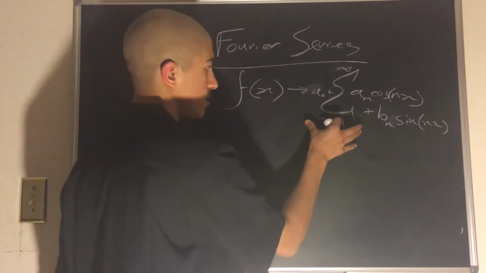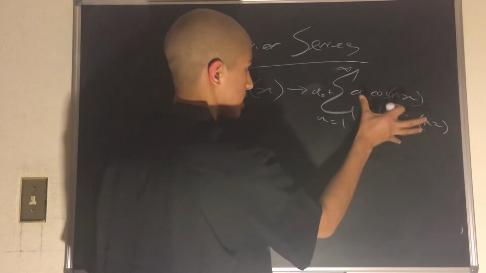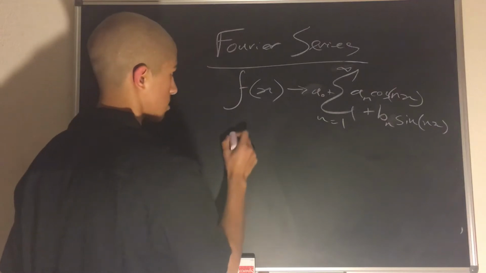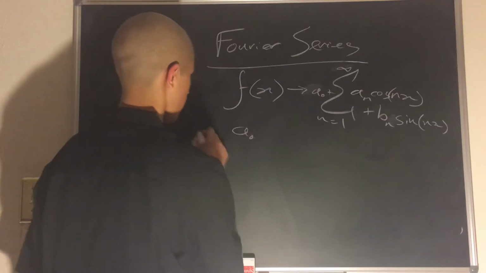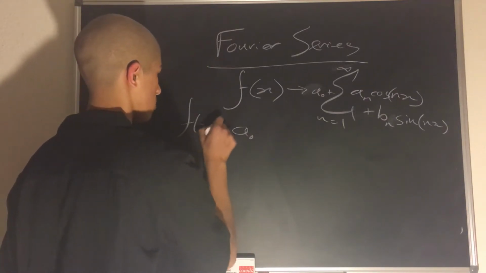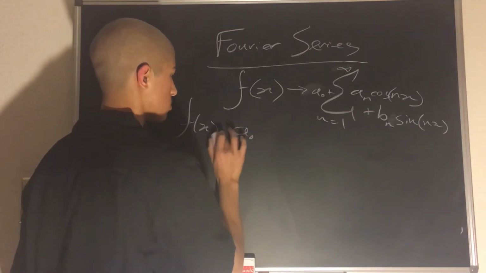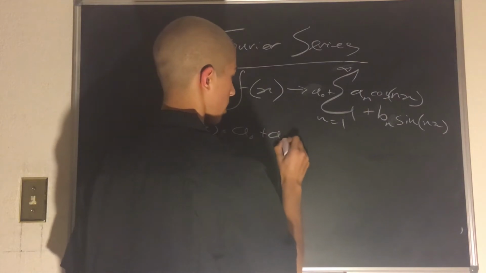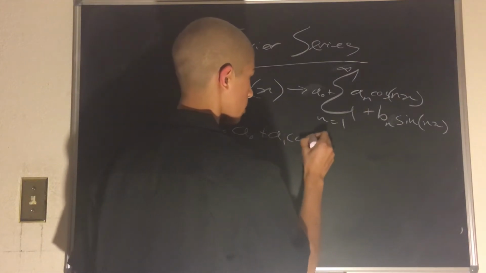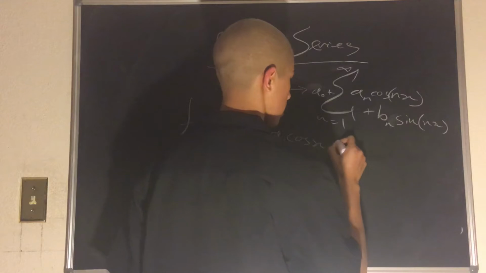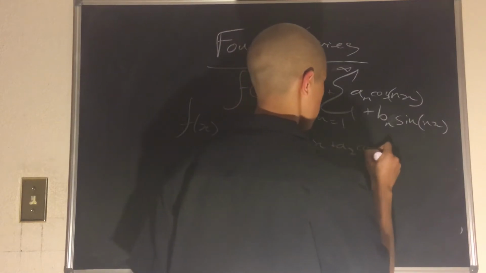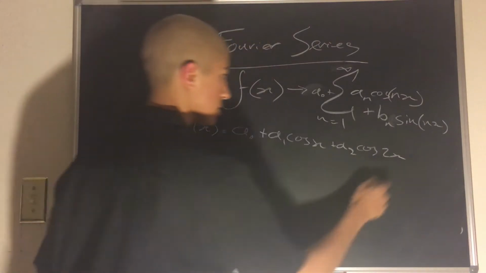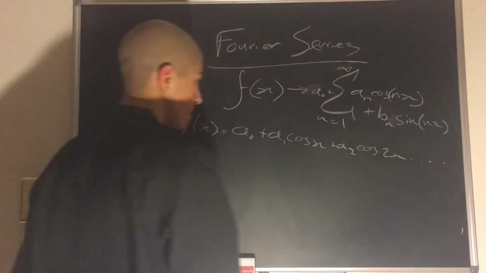So you take this sigma and you apply it to this entire sum here, and what you will get is f of x is equal to a0 plus a1 cosine of x plus a2 cosine of 2x plus a3 cosine of 3x on to infinity.